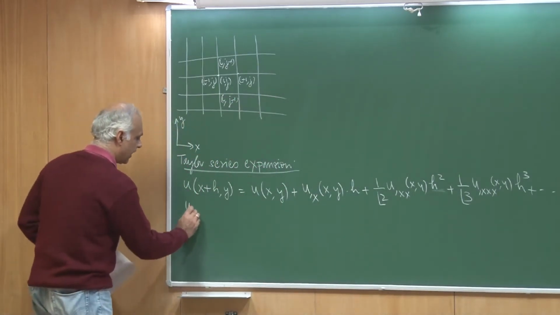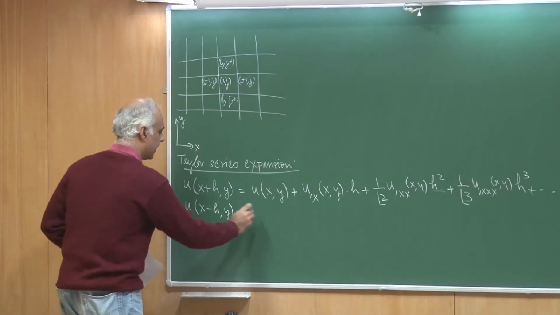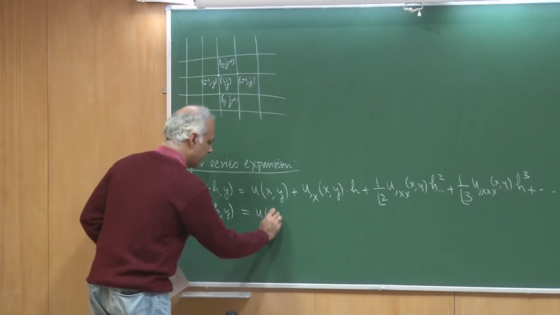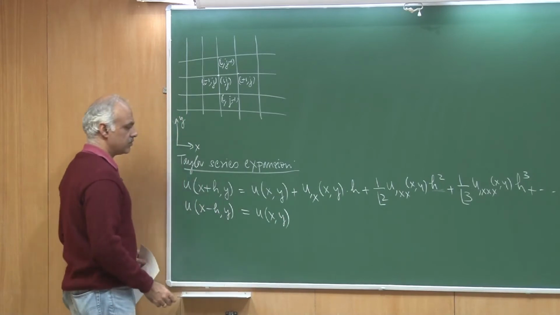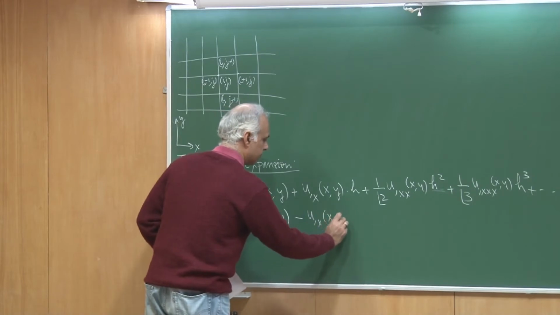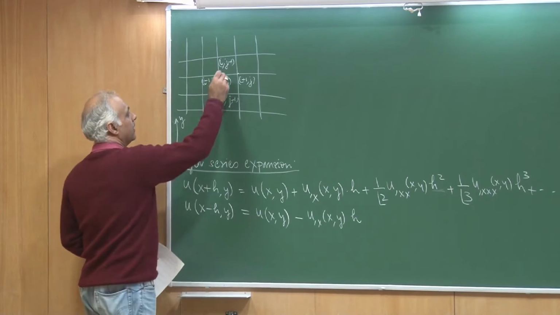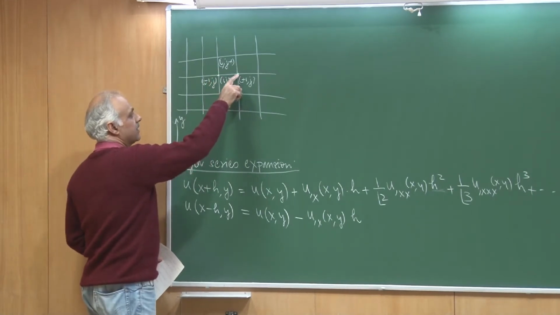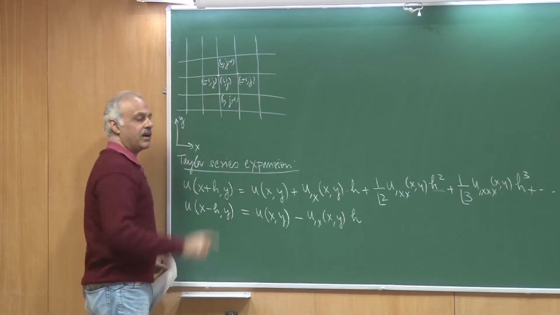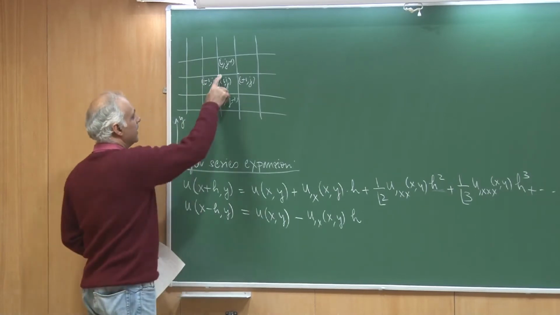Likewise, I could write down u of x minus h and y, and this again I expand around u x y. So now I would have a negative sign. So I have this grid in mind. So I am trying to write down what is the value of u at I plus 1 in terms of the value at I, and also what is the value at u I minus 1 in terms of this value.